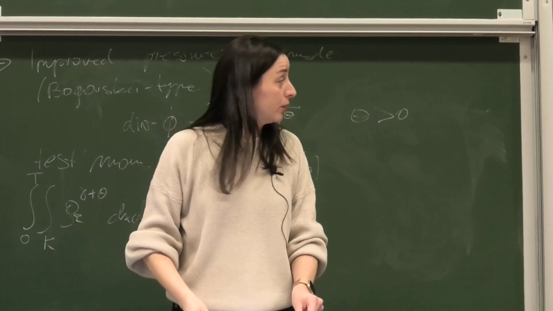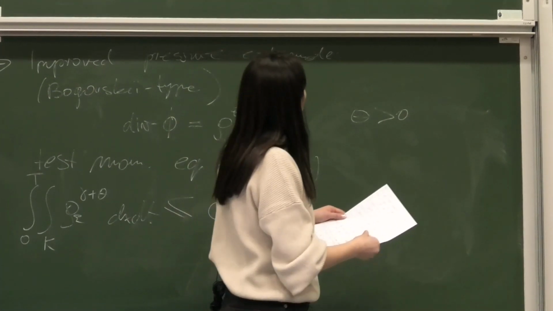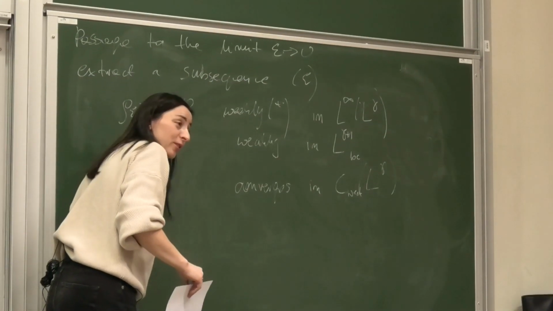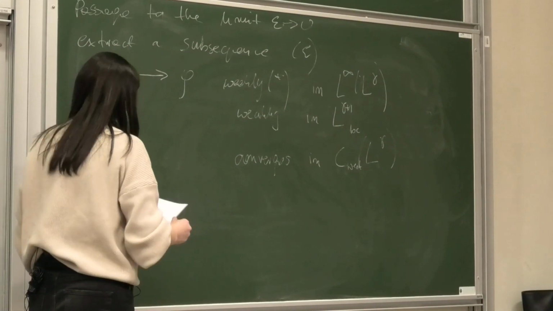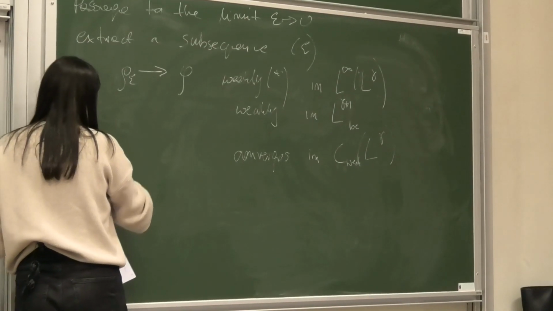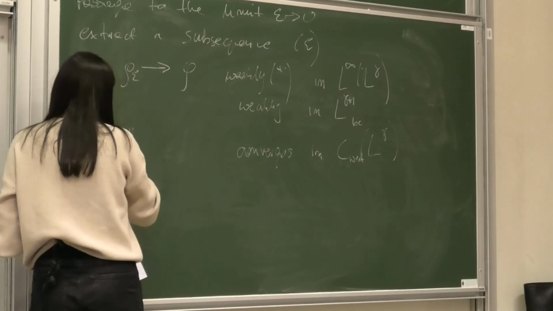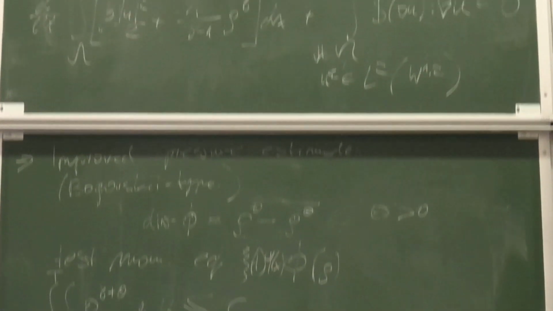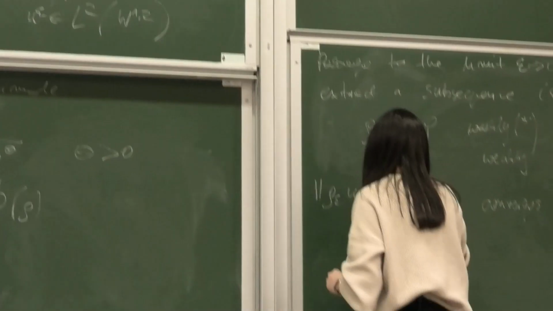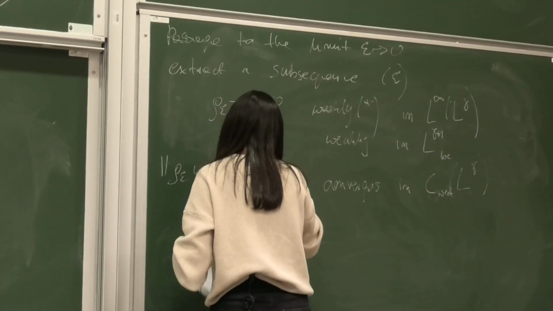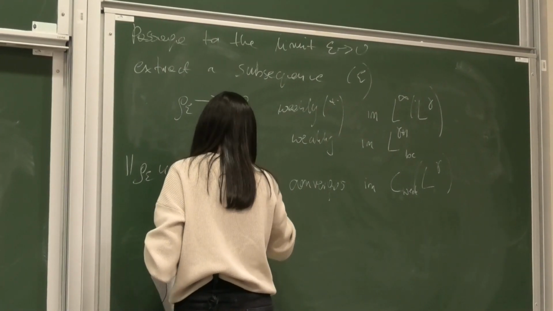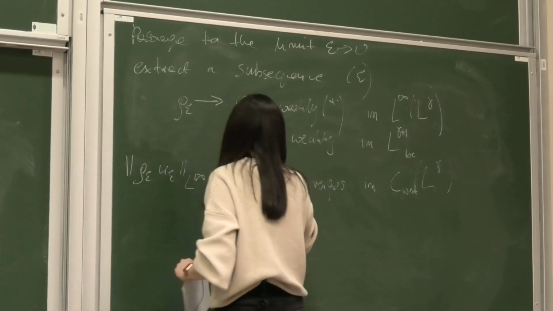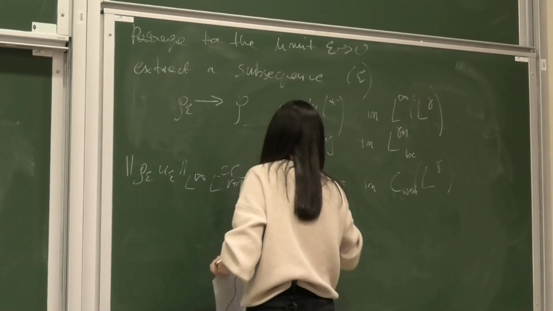Now, you can also read from the a priori estimates, and this would be like a spoiler for your first problem that you were supposed to solve, that rho epsilon u epsilon, if you combine the Sobolev embedding coming from this estimate with the estimates of the density, you can show that it is bounded in L infinity L 2 gamma over gamma plus 1 by some constant.